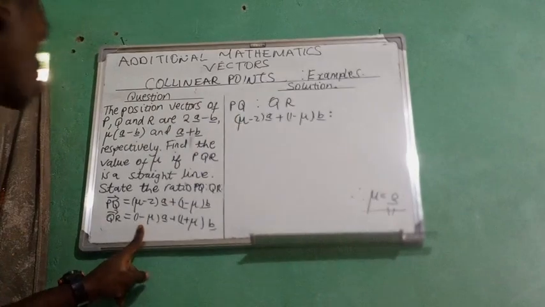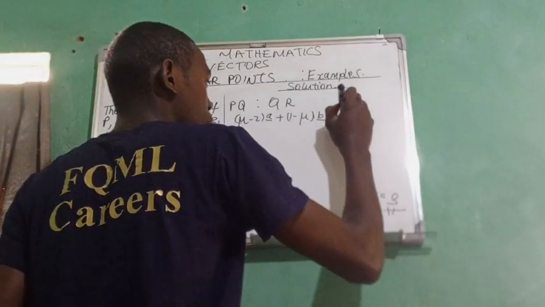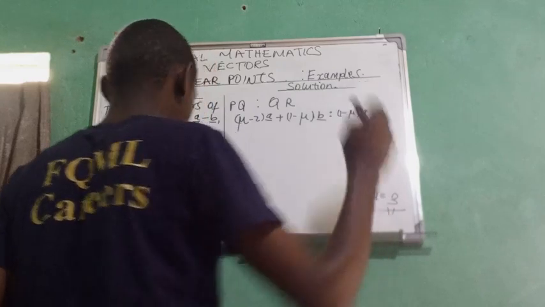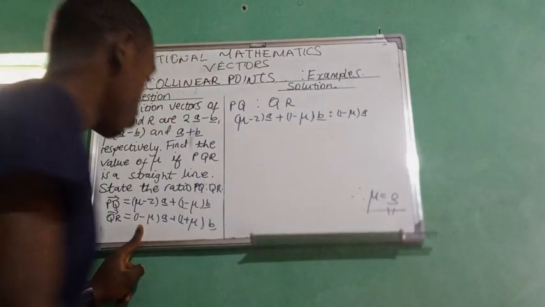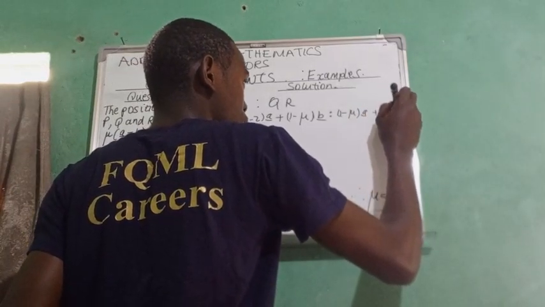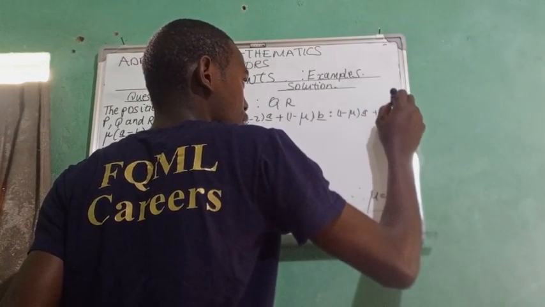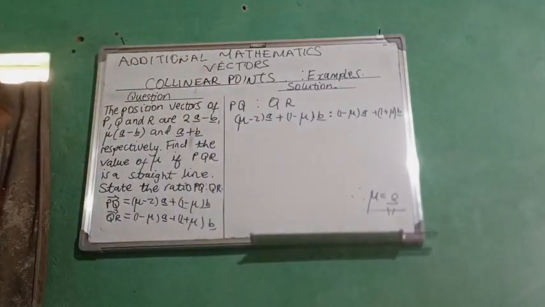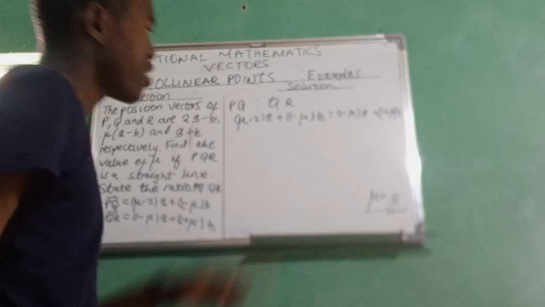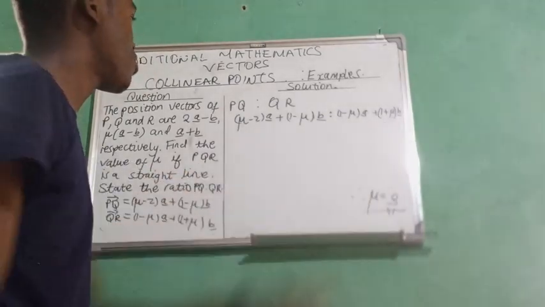The QR here, 1 minus mu of vector A, 1 plus mu of vector B. Since we know what mu is, 3, let's just substitute 3 wherever we see mu.